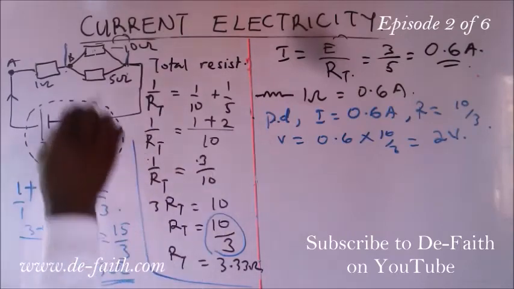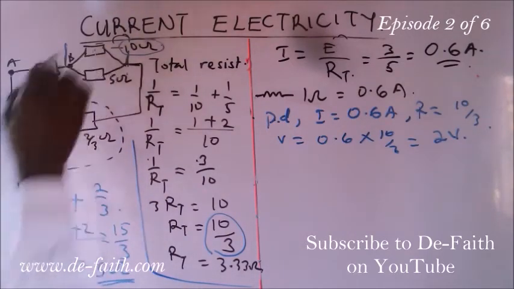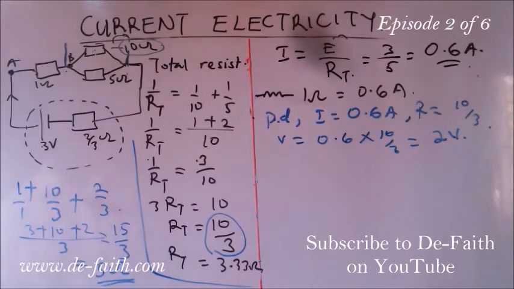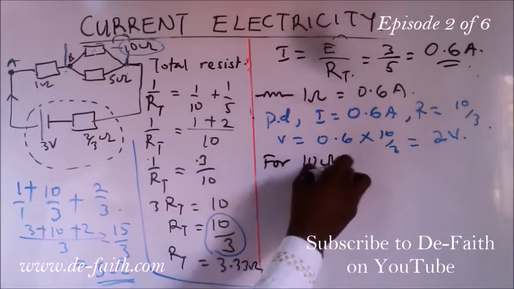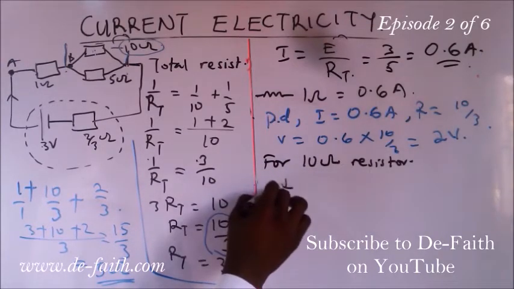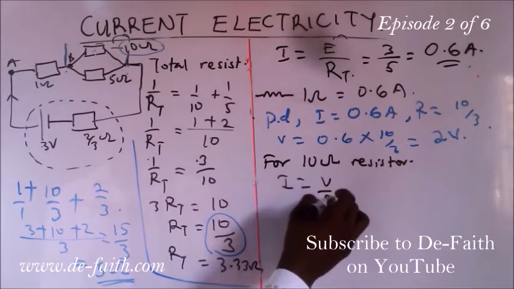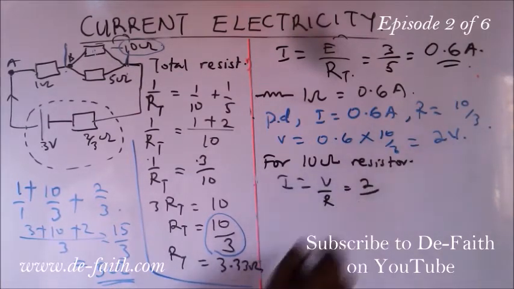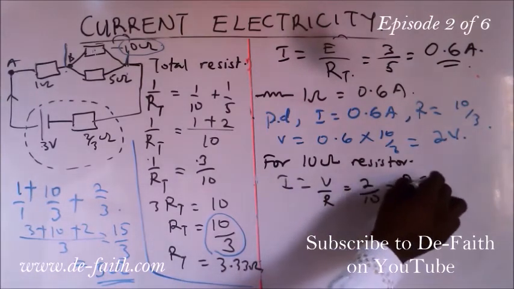Now we're going to use that potential difference with this 10 ohms to calculate the current that is flowing through this place. For the 10 ohms resistor, the current flowing through it will be the voltage over R. The voltage is 2 volts over 10, and that will be 0.2 ampere.